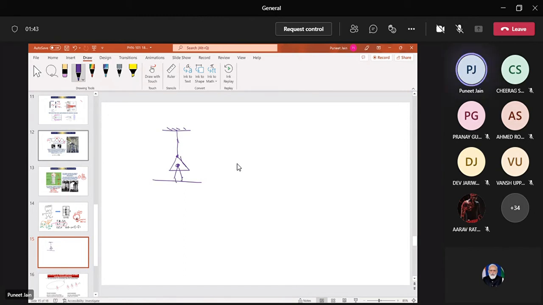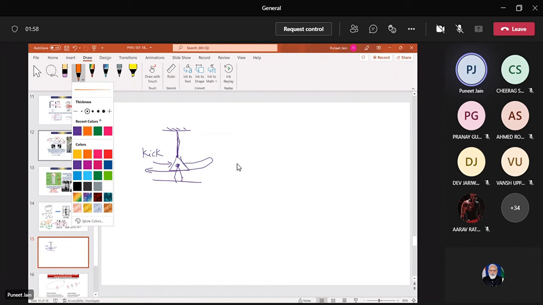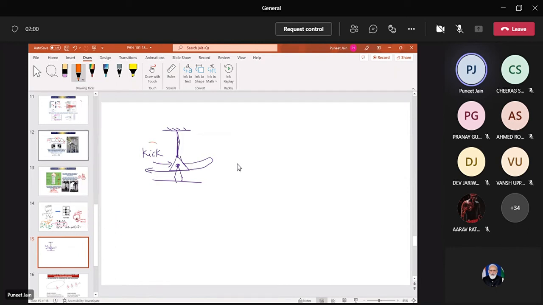And initially it is at rest. And there is somebody who is giving a push or kick. So it will go and come back. And after the second turn, when it is about to oscillate, if this person gives again a kick at the right time, at the right phase, then in the second phase it will make an even bigger amplitude.